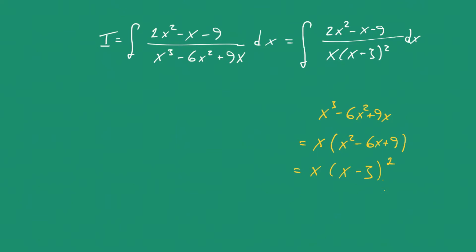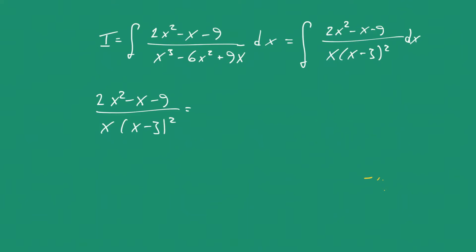Okay, so we factored the denominator. Now we can find a partial fraction decomposition of our function, 2x squared minus x minus 9 over x times x minus 3 all squared. For this, we notice that we have two linear factors, x and x minus 3, with x minus 3 appearing with multiplicity 2.